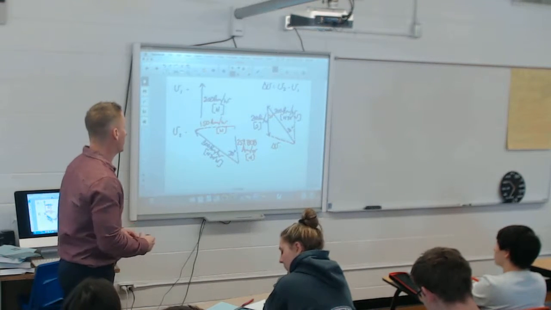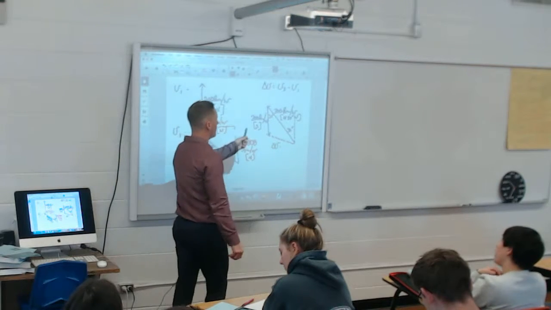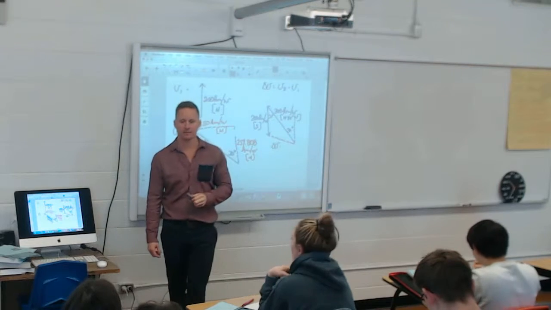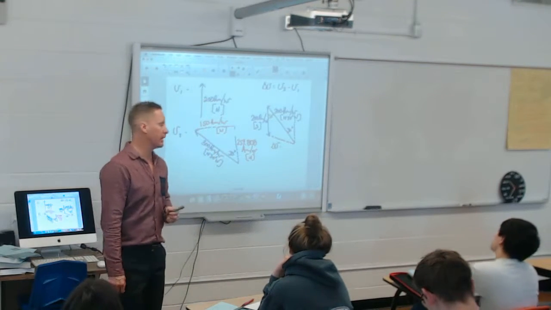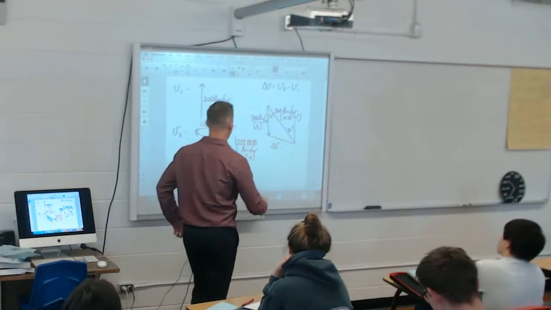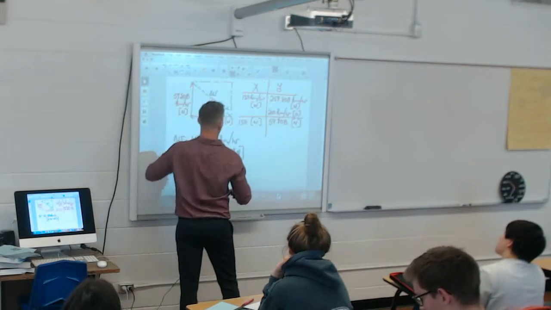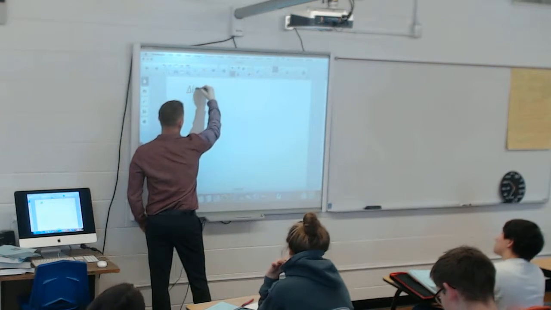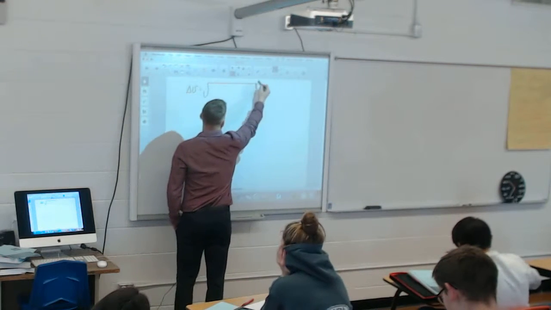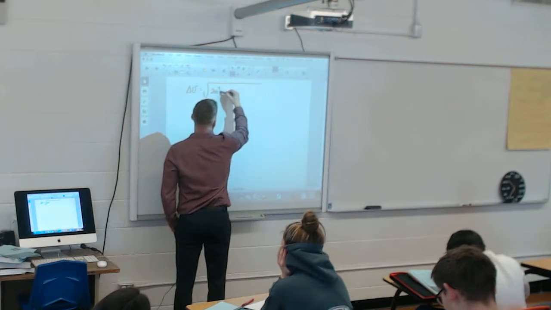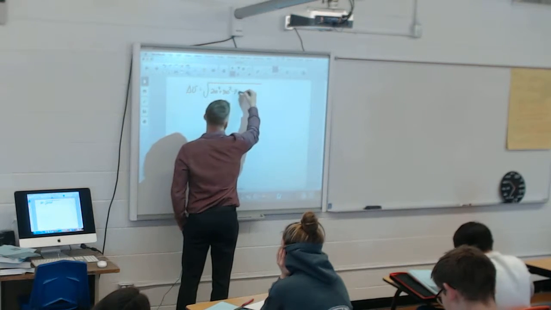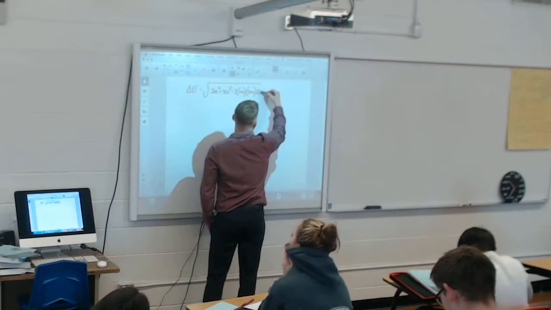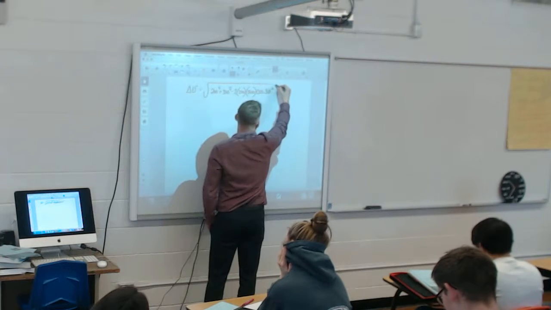So let's do this right now. Law of cosines: square root of 200 squared plus 300 squared minus 2 times 200 times 300 times the cos of 30. I'll write that on the next board. So, to find my change in velocity, the law of cosines: 200 squared plus 300 squared minus 2 times 200 times 300 times the cos of 30 degrees.